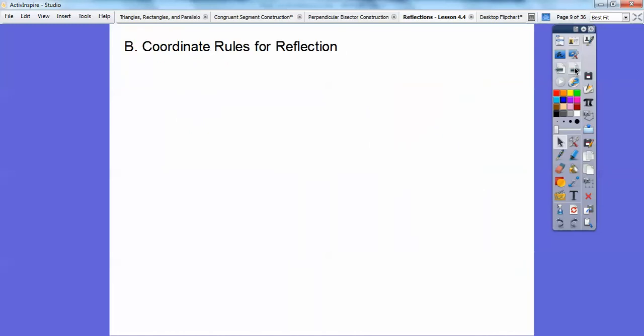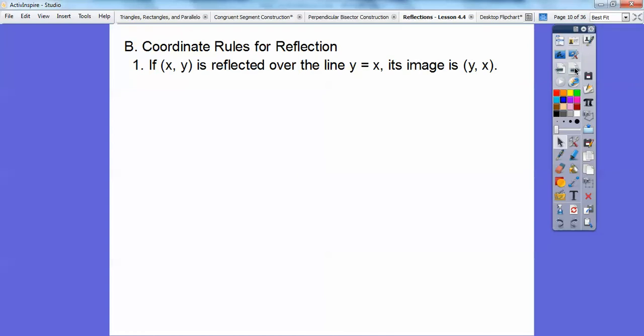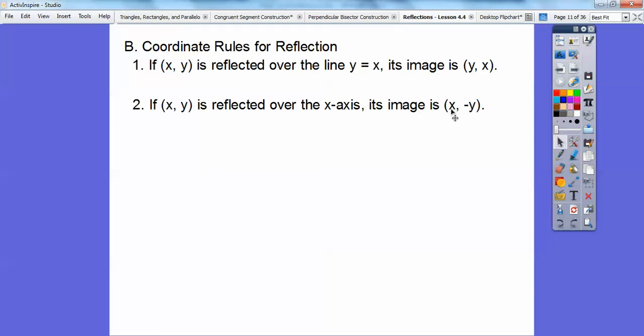So here are the rules for reflections, you guys. If we reflect the ordered pair x, y over the line that we just did, y equals x, its reflection, or its image as it's called, you just flip the coordinates. Instead of x comma y, they get flipped to y comma x. If we reflect it over the x-axis, your x stays the same, but you change the sign of your y coordinate.